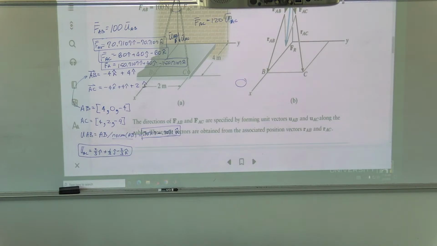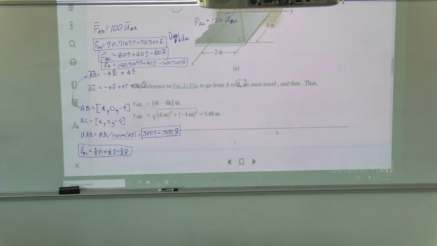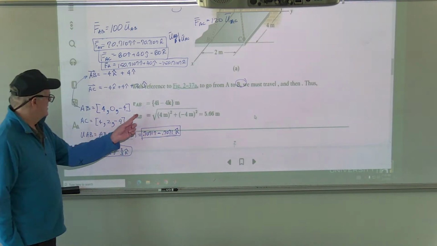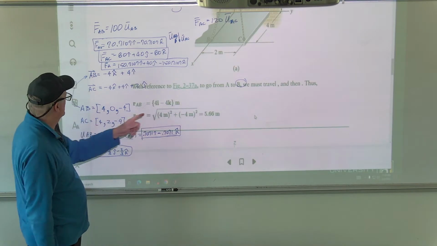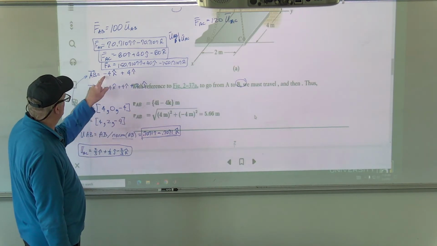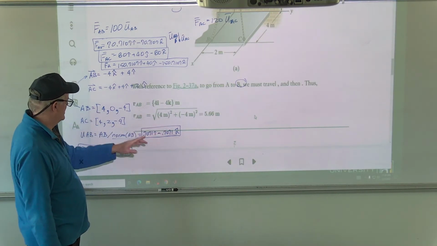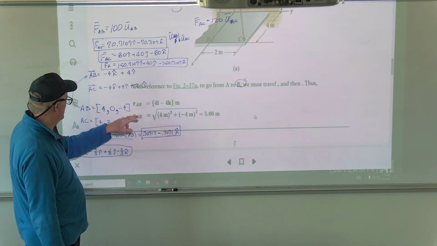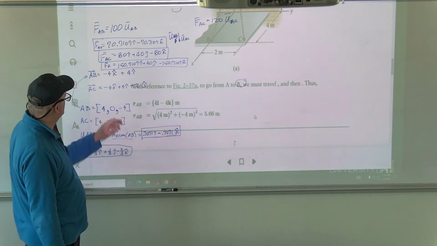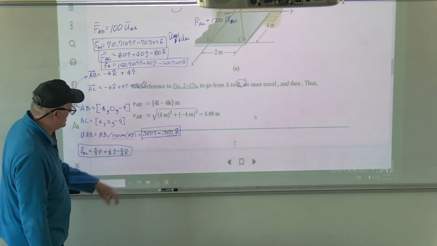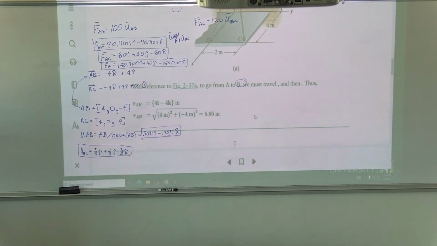The unit vectors are obtained from the two vectors of the cables. And so here's his RAB: 4I minus 4K. He found the length, 5.66. Next thing he does, he takes this and divides by the length. And that was AB. And so this is what we might come up with, hopefully. Let's roll down.